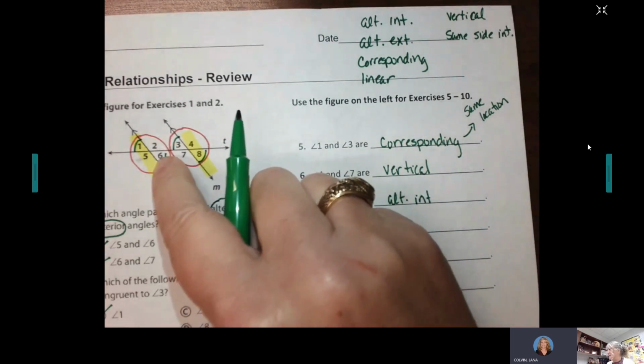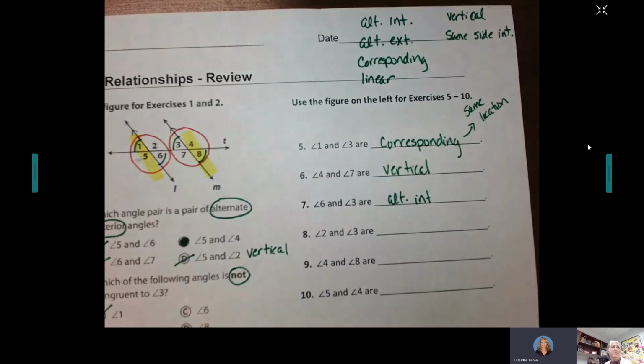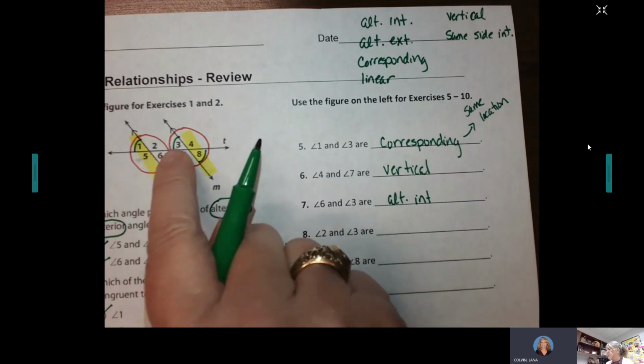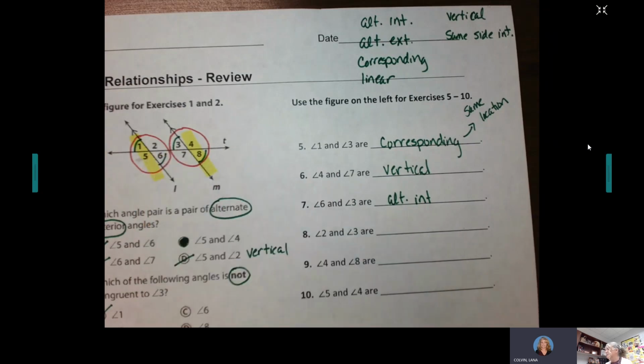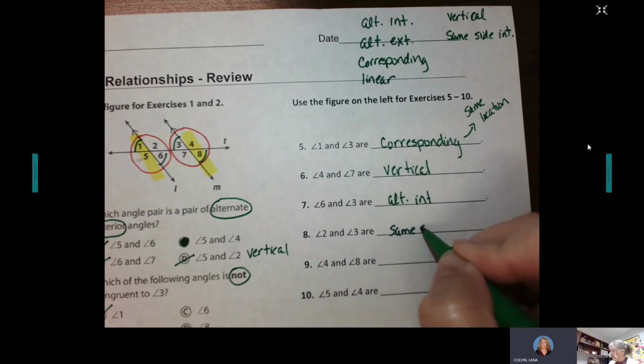They're inside the parallel lines, and they're on opposite sides of the transversal. What about 2 and 3? Yep, they're same side interior. Good.